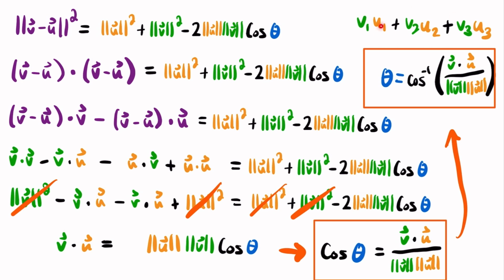That's the traditional way of calculating the dot product. But if you don't know those components, right, v1, u1, v2, u2, v3, and u3 are the corresponding components of vector v and vector u. If you didn't know those components, but for some reason you know the magnitude of those vectors and the angle between them, this is another way that you could calculate the dot product for those vectors. All right, and so I want to make a note of this. Let's summarize this formula.